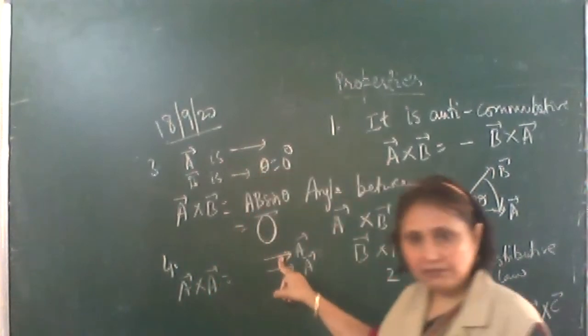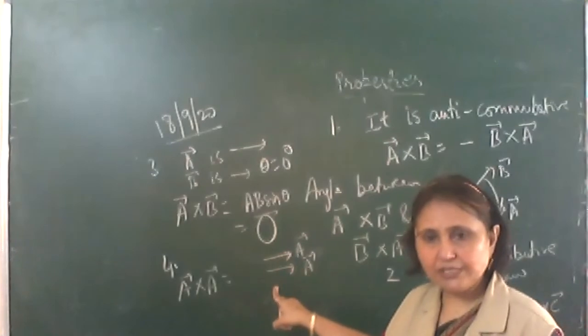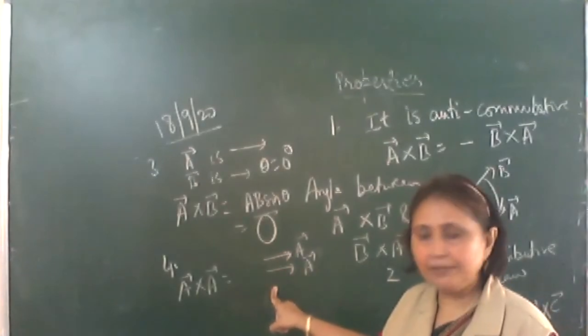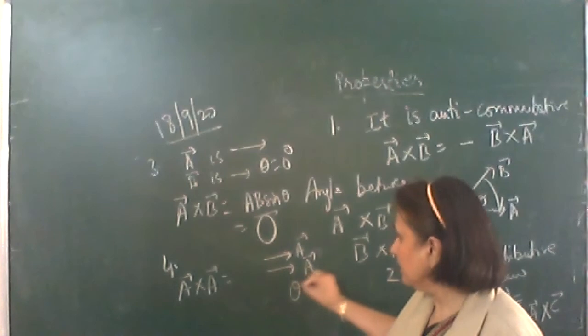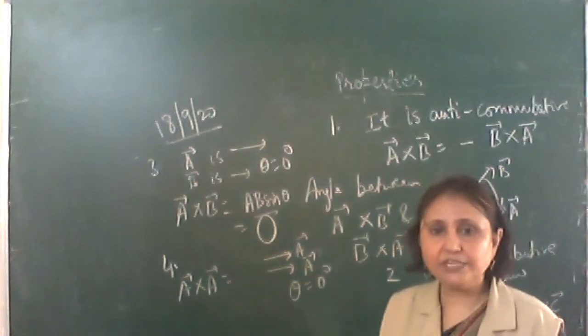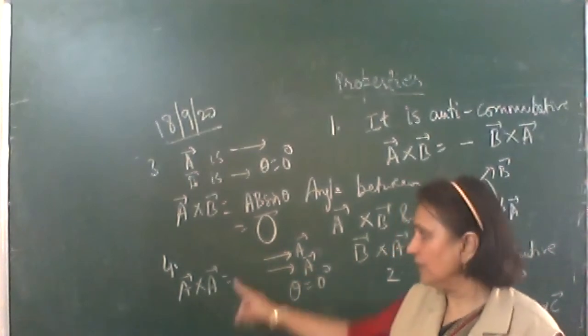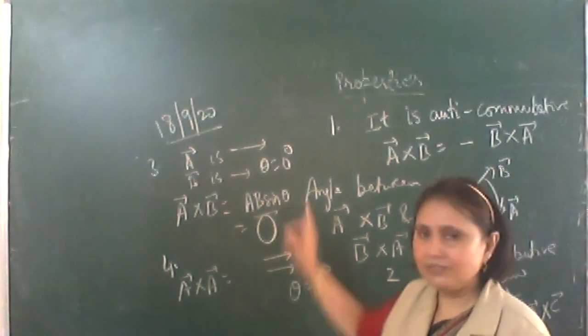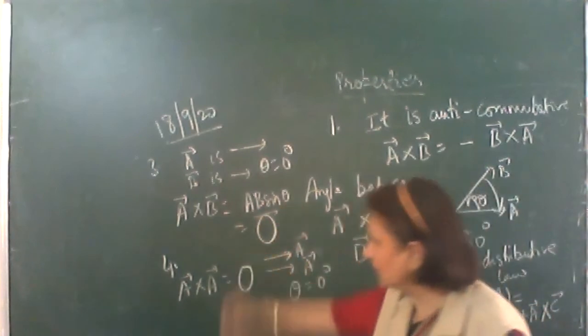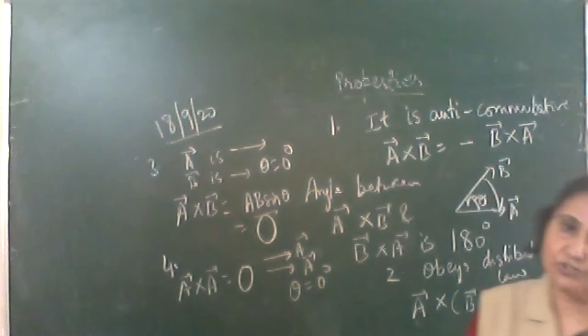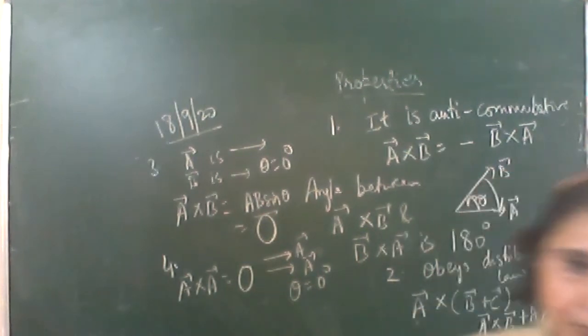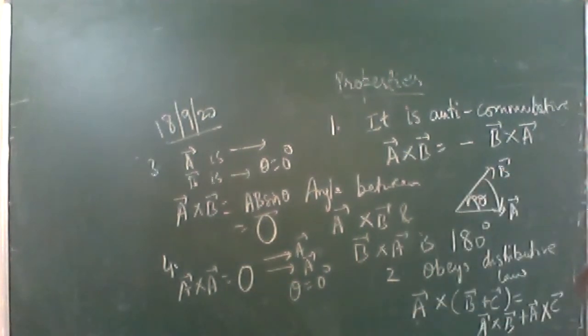Again, as both are equal vectors, the angle between them is 0 degree. As theta is equal to 0 degree, what is A into sine 0? Sine 0 is 0, so A cross A vector is also equal to 0. So the vector product of a vector with itself is also equal to 0 vector.